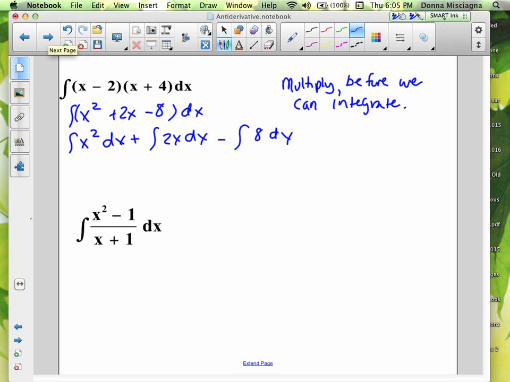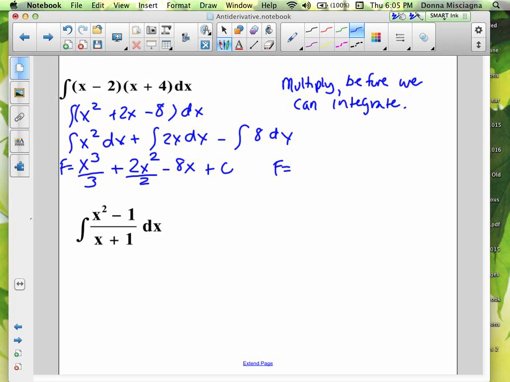So the integral of x squared dx, we're going to increase the exponent by 1 and divide by the same thing. So it's going to be x cubed divided by 3 plus 2x squared divided by 2 minus 8x plus c, our constant of integration, and then we'll just reduce.